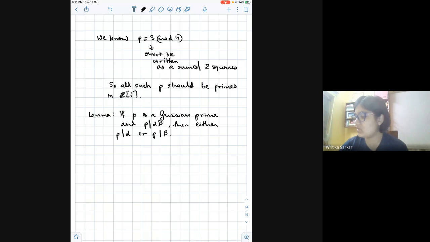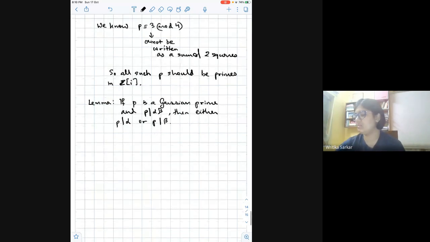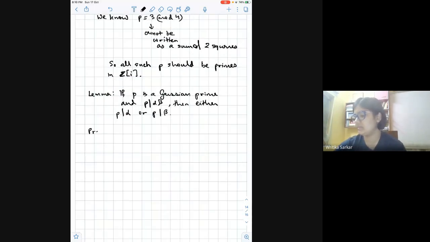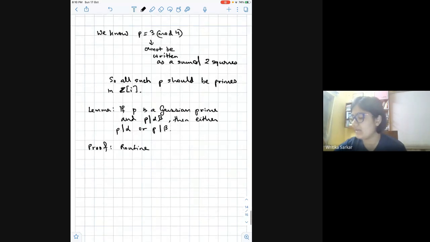And I'm not going to prove this. The proof is actually pretty routine. You just see if p doesn't divide alpha, then you show that p and alpha have to be relatively prime, and then from some previous lemma we just did, we know that p divides beta. So this has to be true.